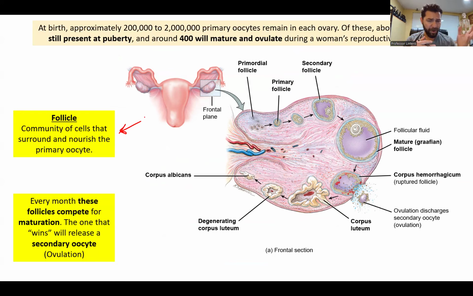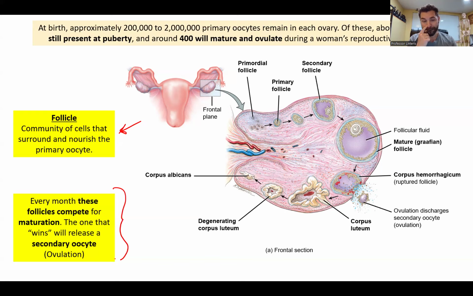At puberty, some of them go away, but we still have a lot of them. Around 400 or so will mature and ovulate during the reproductive lifetime. Once the ovulatory mechanism stops, you hit menopause, and we'll talk about that a little bit and some of the potential issues associated with it.